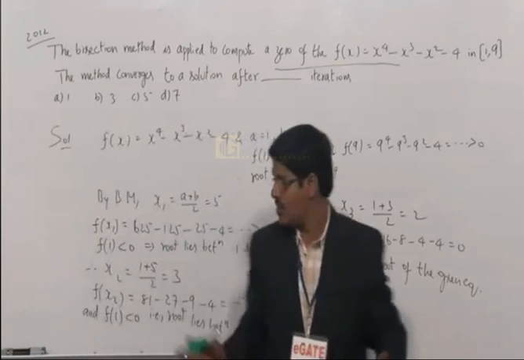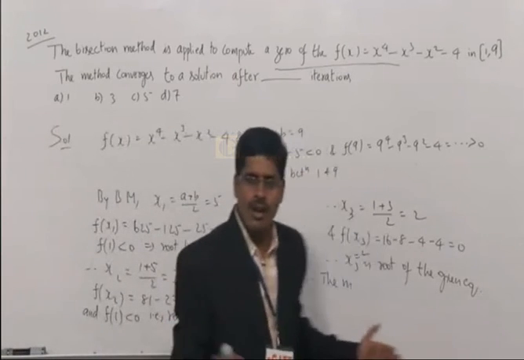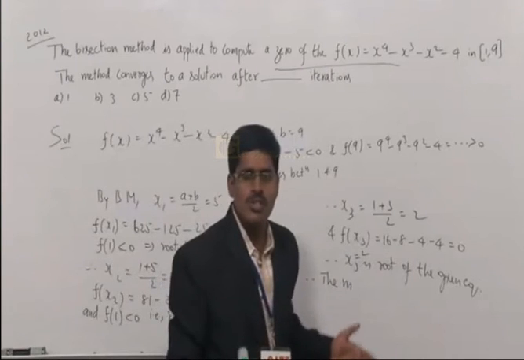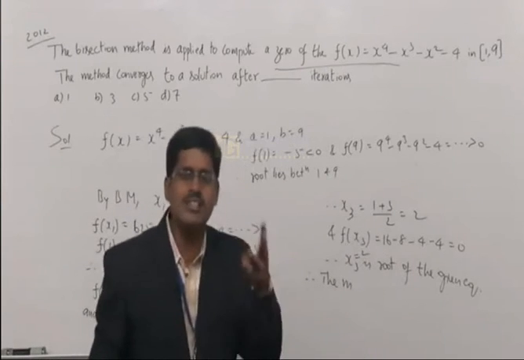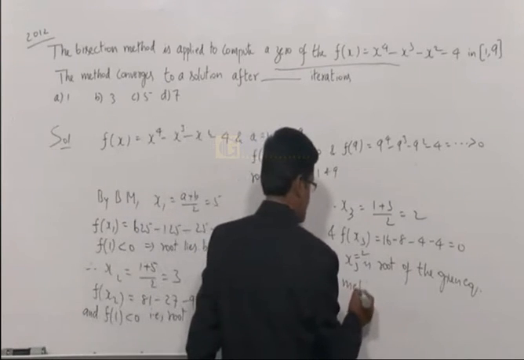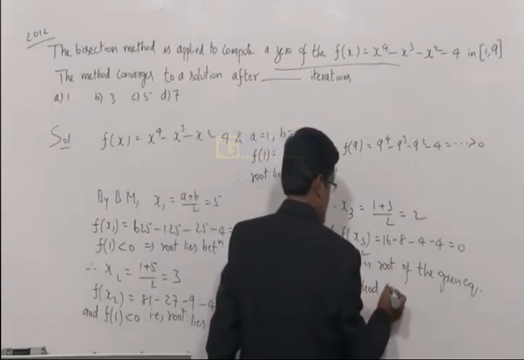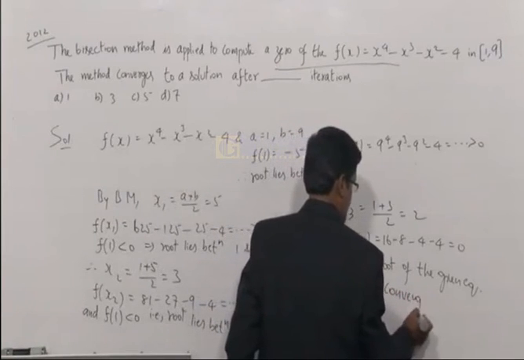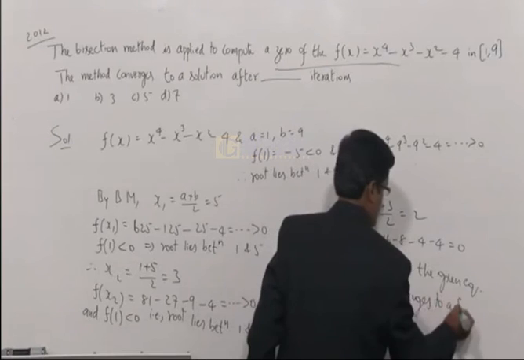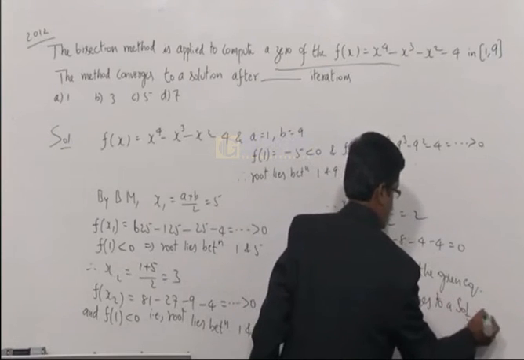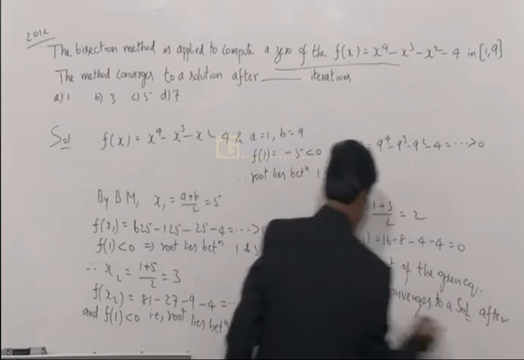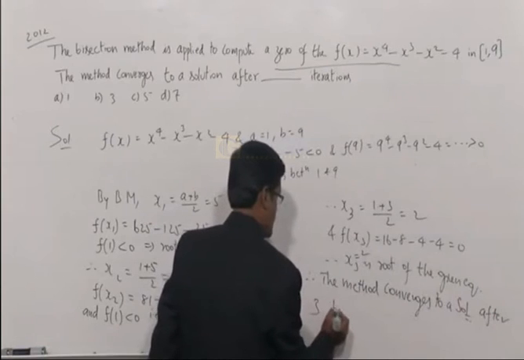So this will happen after the third iteration only. We got the root 2, the solution of the equation, after how many steps? 3 steps. The method converges to a solution after 3 iterations.